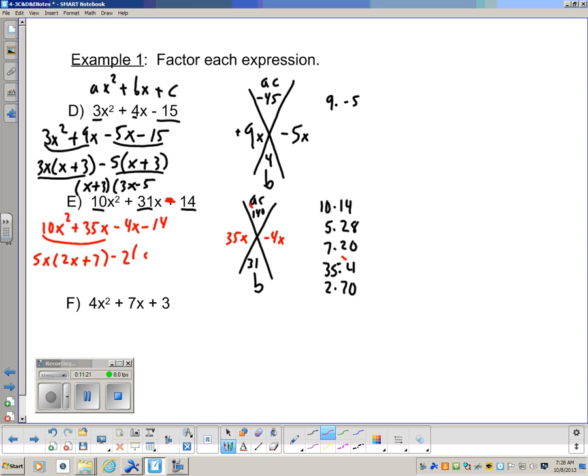Minus 2 times 2x plus 7. There we go. Inside the parentheses, we've got a 2x plus 7, left with 5x minus 2. So let's stop there and have you continue working with some of those factoring ones.